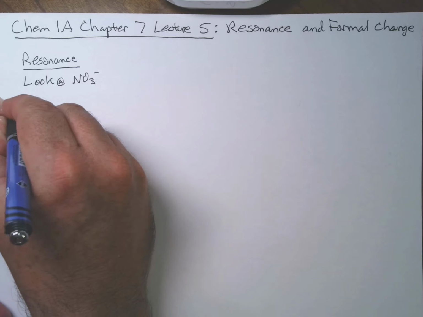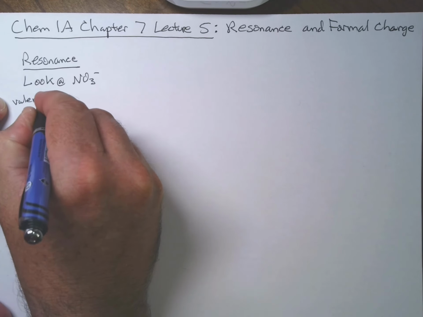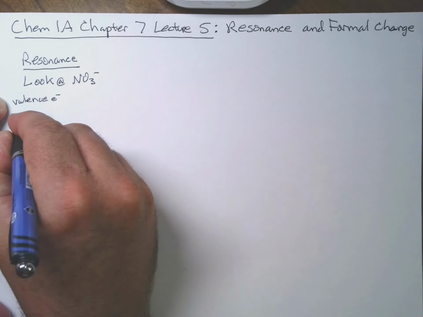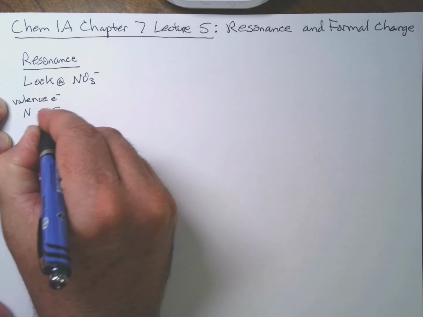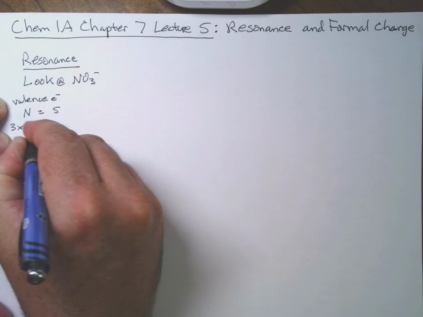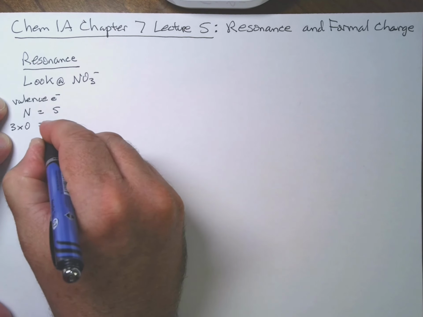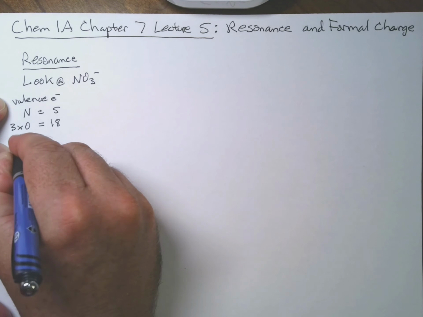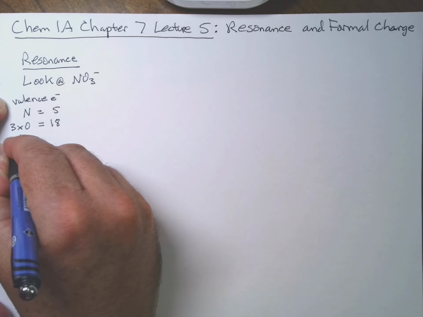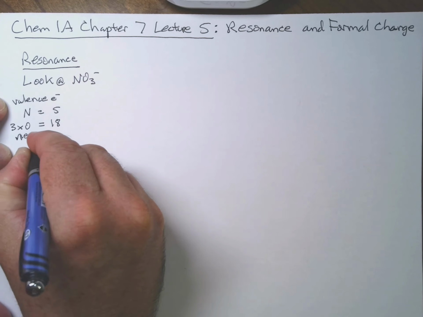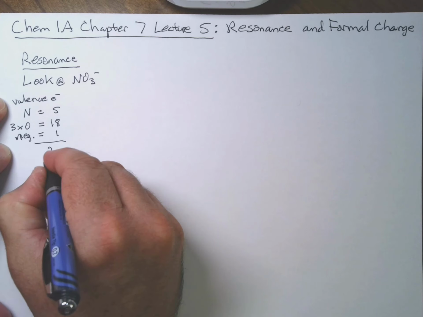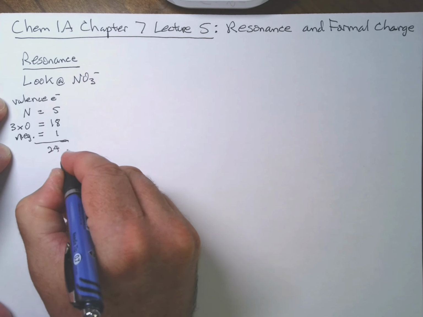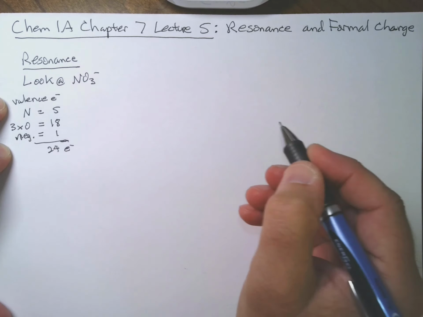So for our valence electrons, we have nitrogen, which gives us 5. We have 3 oxygens, which gives us 3 times 6 is 18. And then we have the negative charge, which gives us 1. So that's a total of 24 valence electrons.